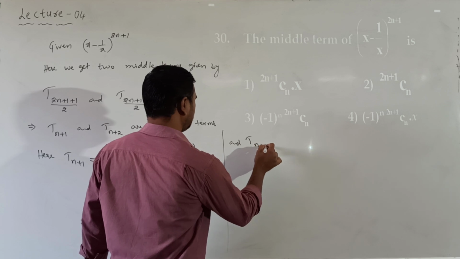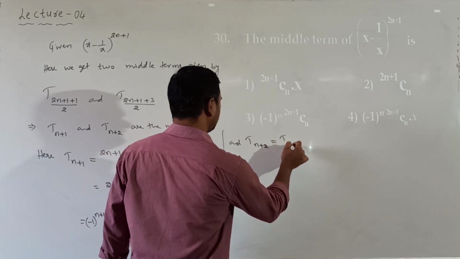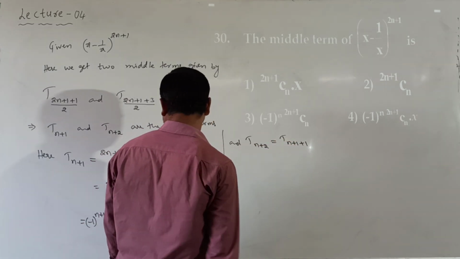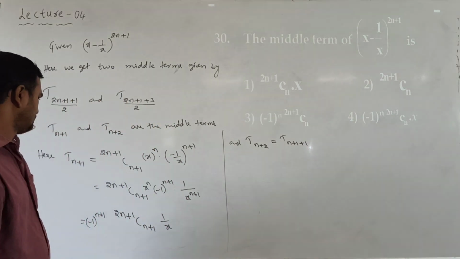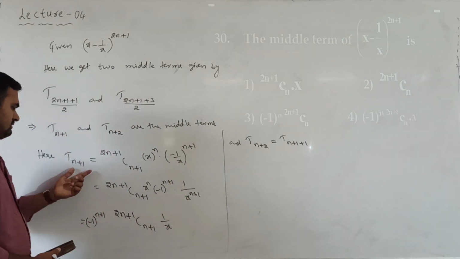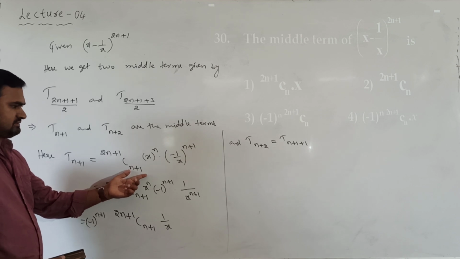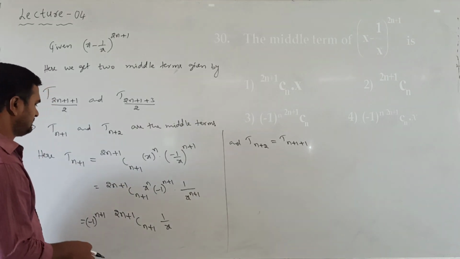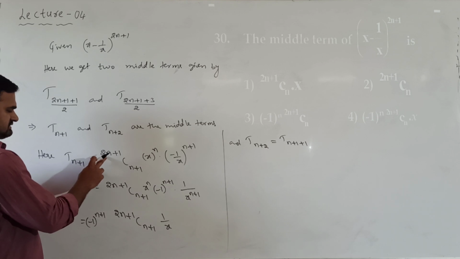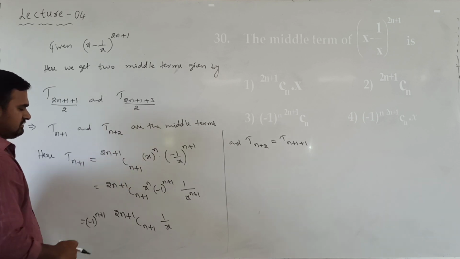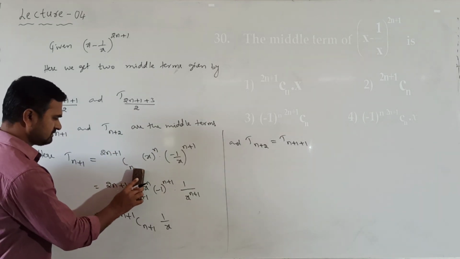T n plus 2 can be written as T n plus 1 plus 1. Here in this expansion there is a mistake: T n plus 1 is 2n plus 1 C n, not n plus 1.